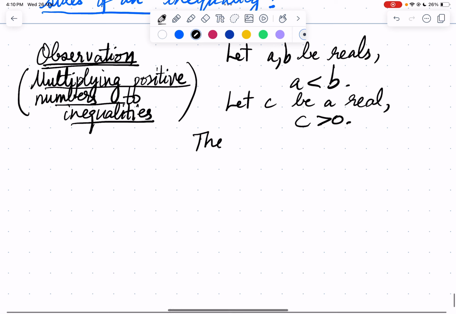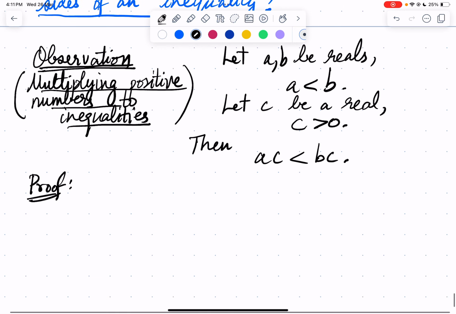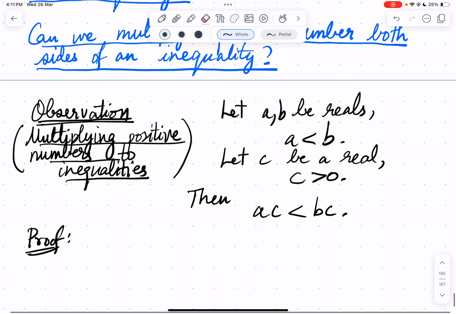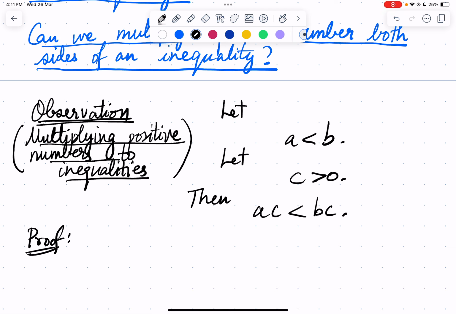Then AC is less than BC. So we can multiply both sides. Instead of always writing let A, B be reals, let C be real, that's already understood. Let A be less than B. Let C be positive. Then AC is less than BC.